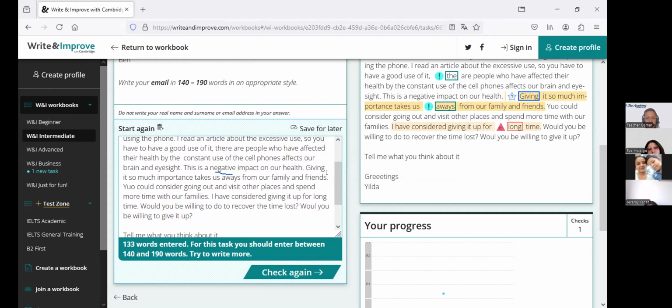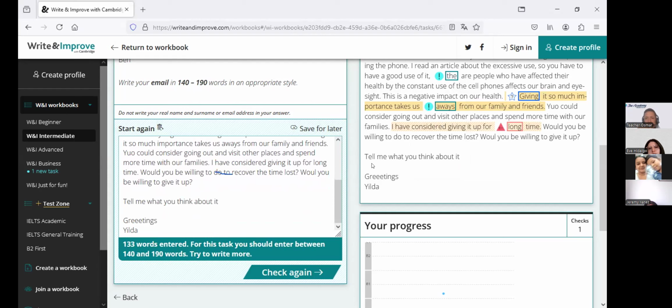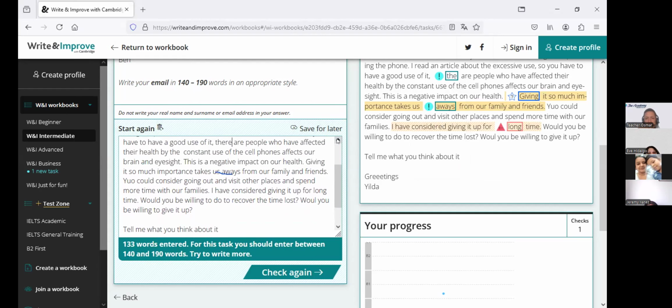Giving it so much importance takes us away. A ver, darle mucha importancia. I believe you tried to say that, okay? Giving it so much importance. Darle importancia. Giving it so much importance takes us away. Takes us away. Okay, away is also incorrect. Remember, it is singular.